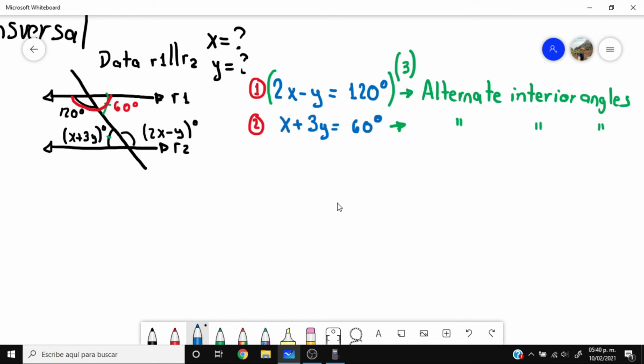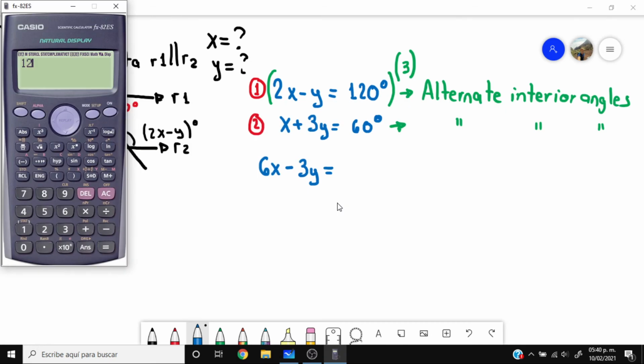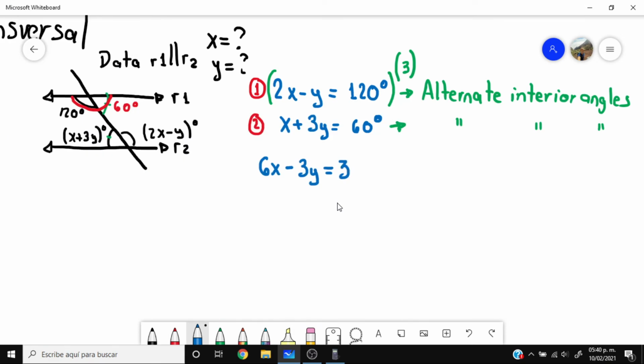So it's gonna be 2x times 3 is gonna be 6x minus y, 3 times y is gonna be minus 3y equals 120 times 3. 120 times 3 equals 360 degrees.